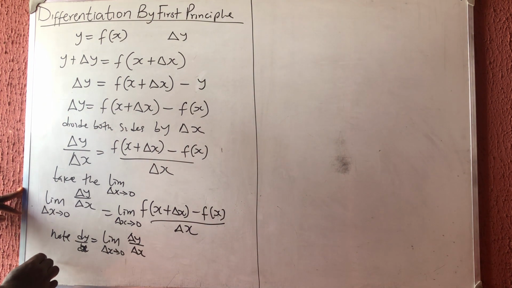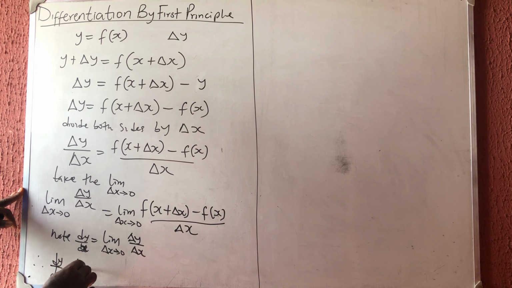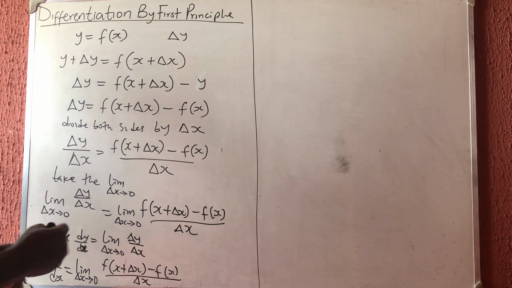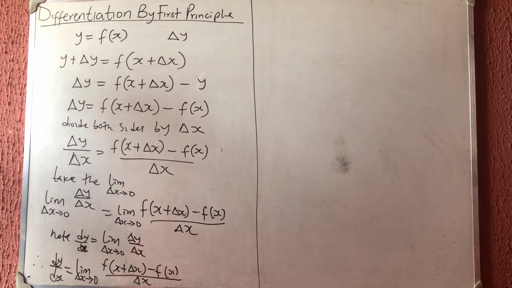My dy dx is simply the limit as change in x approaches 0 of f of x plus change in x minus f of x all over change in x. So that is my differentiation.